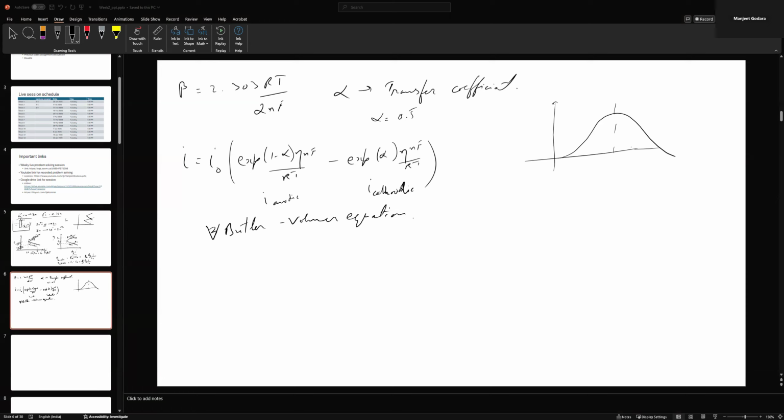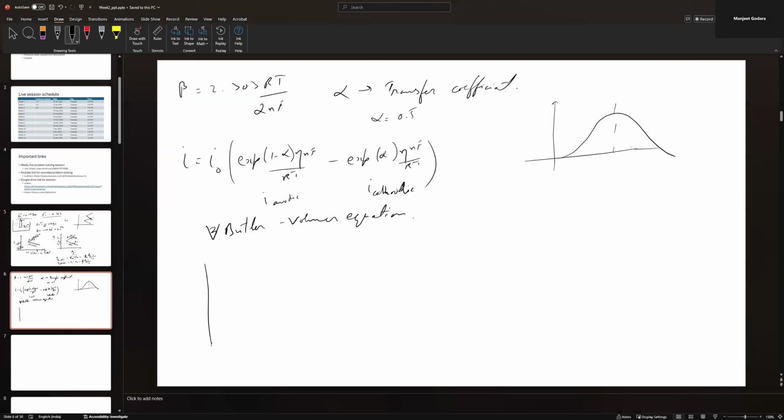So there was one more thing, how diffusion can control the rate of reaction. At the electrode surface, you have both reactions taking place, right?